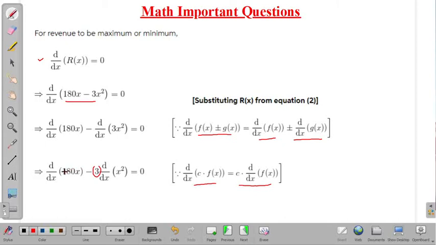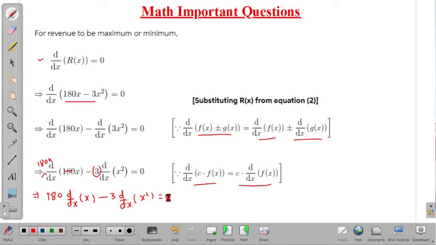Here also 180 can be taken out. So this can be written as 180 into d/dx of x minus 3 into d/dx of x squared, and it must be equated to 0.